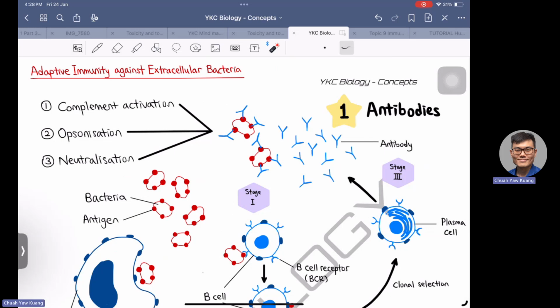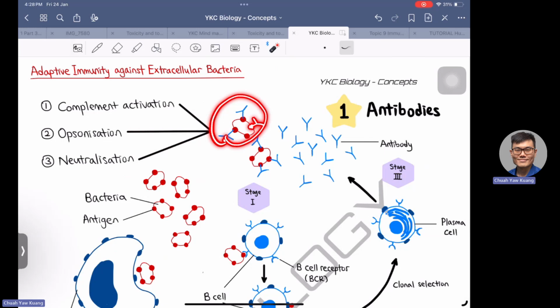So the binding of this antibody to the antigen on the bacteria will cause 3 outcomes. So the first outcome is that it is going to activate the complement system. The antibody binding to the antigen will form an antibody-antigen complex.